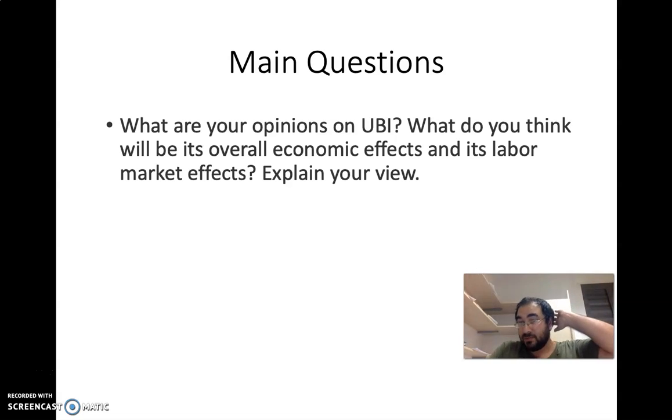So UBI doesn't do that, and it's a bad political move and a distraction, according to this view. So it's a discussion. These are, of course, very simplistic ideas of different sides expressed in a very simplistic way.